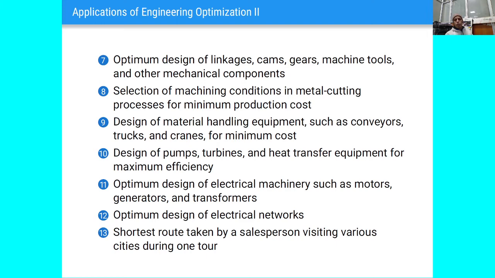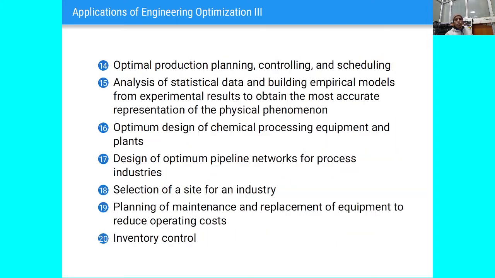These are the new application areas which have emerged as a part of the application of engineering optimization. Okay, so the next is optimum production planning, controlling and scheduling. Next, analysis of statistical data, building empirical models from experimental results to obtain the most accurate representation of your physical phenomenon.